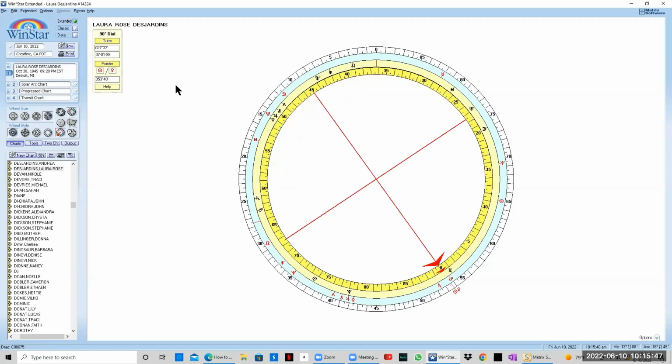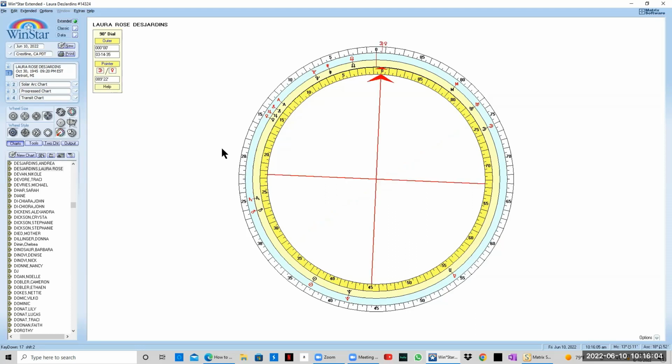Now, I want to show the passing of a parent. So you can really take it back to 00. And then on the control button and the left-hand key, you're going to take the red moon and the red Pluto, because we're moving those.